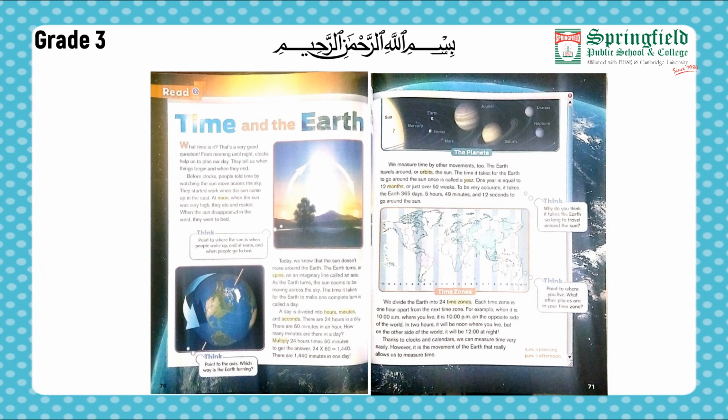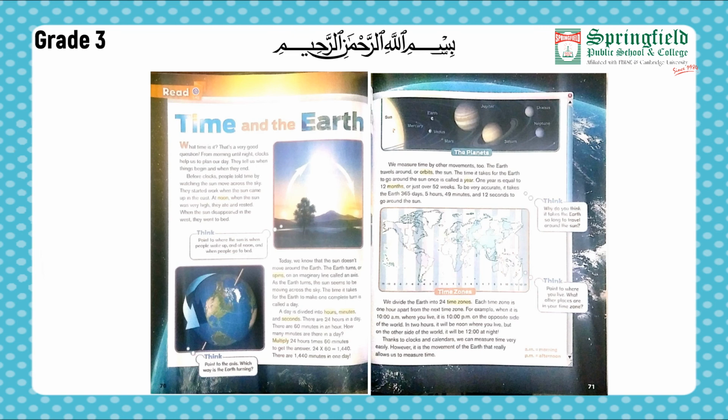Next, they have told us that our planet Earth is divided into 24 time zones. Each time zone is 1 hour apart from the next time zone. As we can say, here our time is 8 o'clock in the morning, whereas on the exact opposite side of the Earth, it will be 8 at night. That's the difference in the time on our Earth.